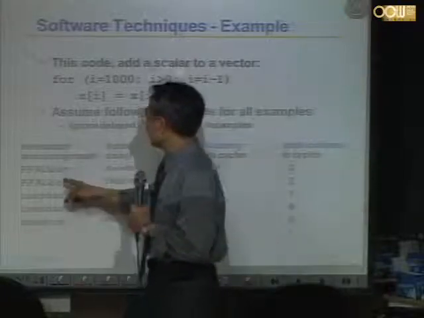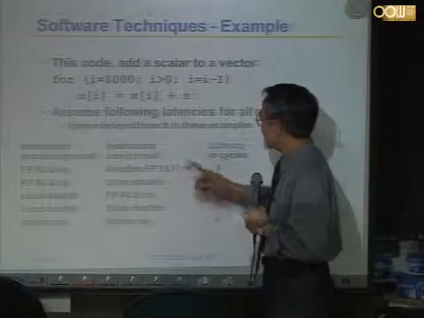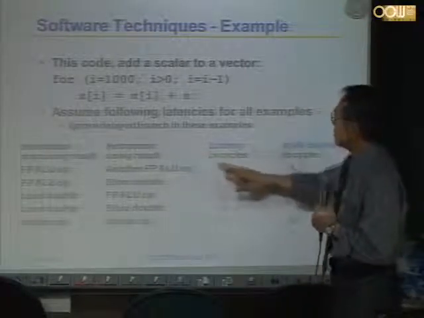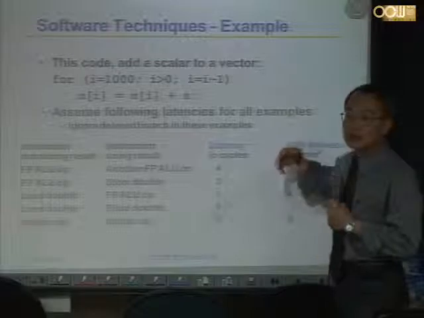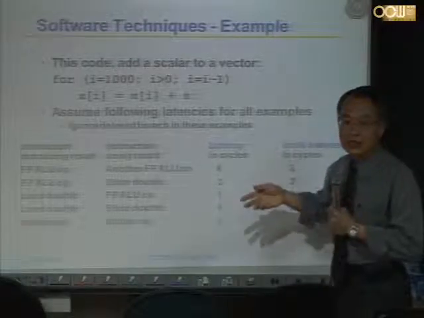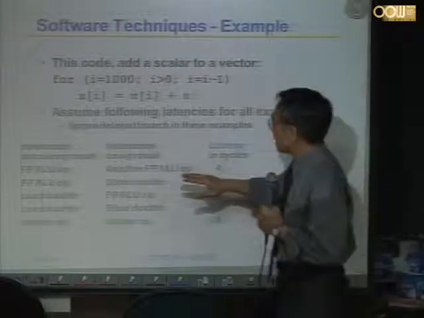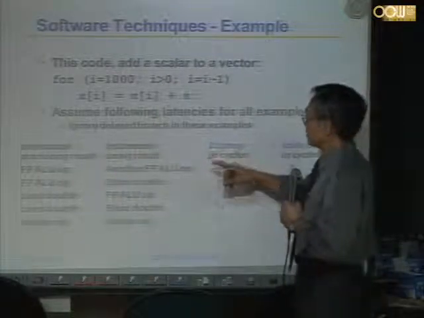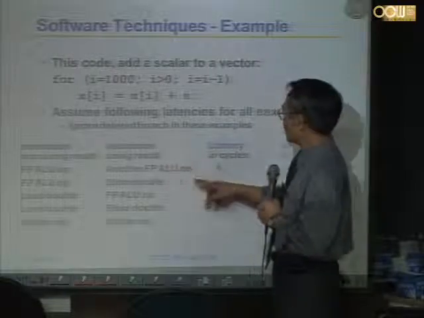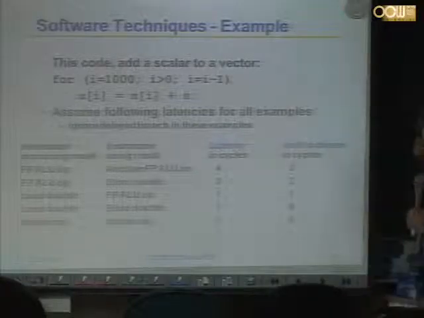So if the producer is floating point ALU and the consumer is floating point ALU, then the consumer needs to wait 4 cycles in addition to 1 cycle, which is assumed, of course. For every ALU operation, you need to wait 1 cycle. For the floating ALU producer to floating ALU consumer, you need to wait 4 additional cycles.